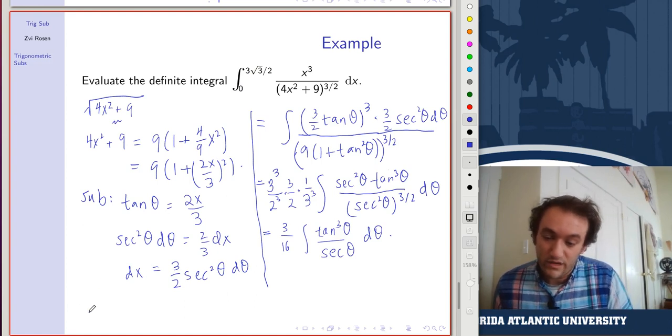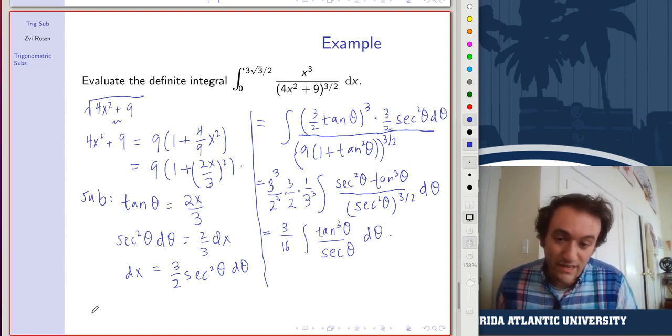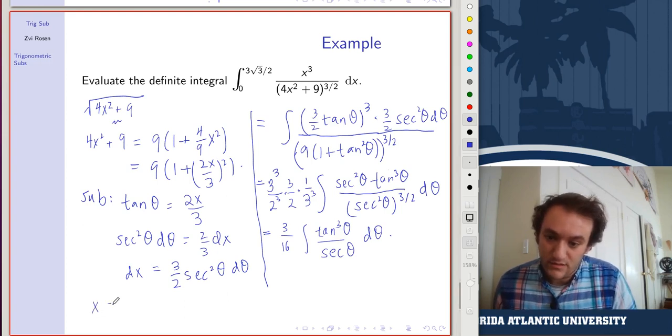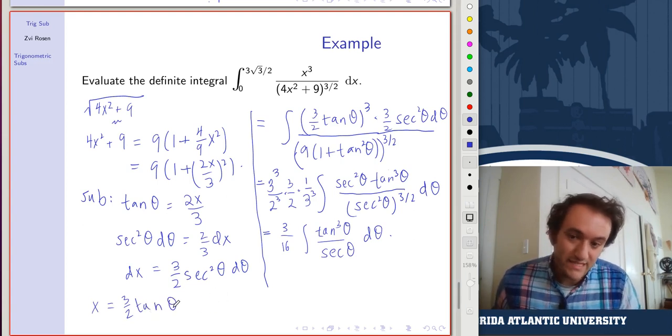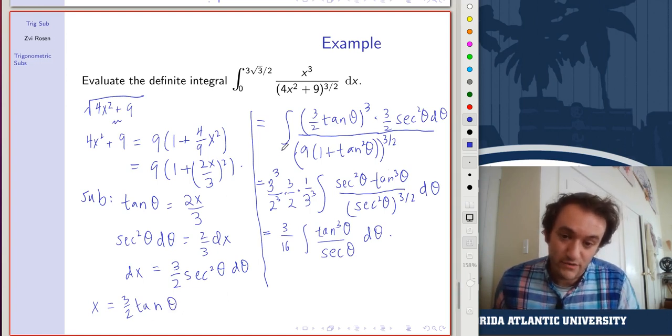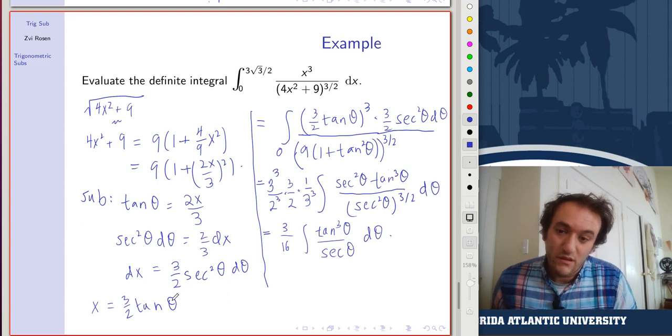So we know that tan theta equals 2x over 3, or x equals 3/2 tan theta. So if we take theta equal to 0, we'll get x equals 0. So that can be our lower bound.